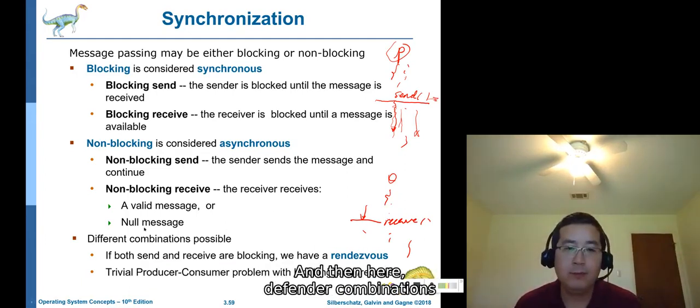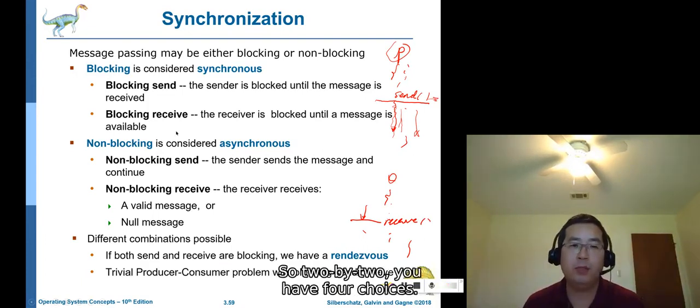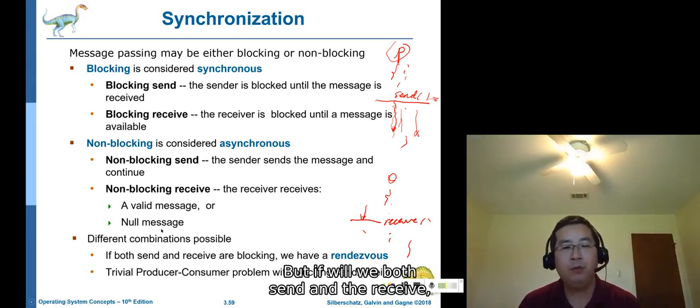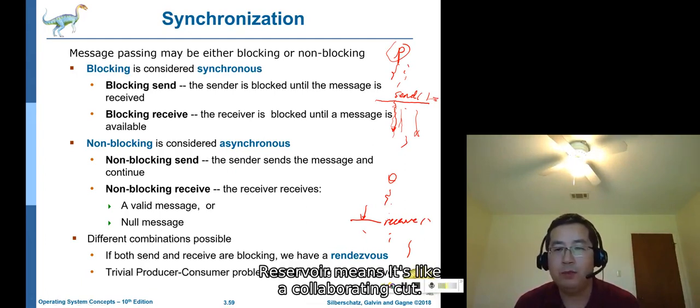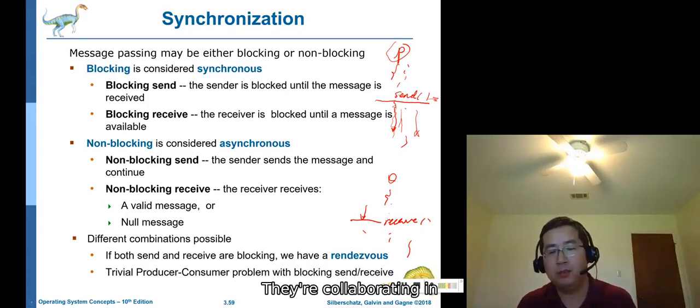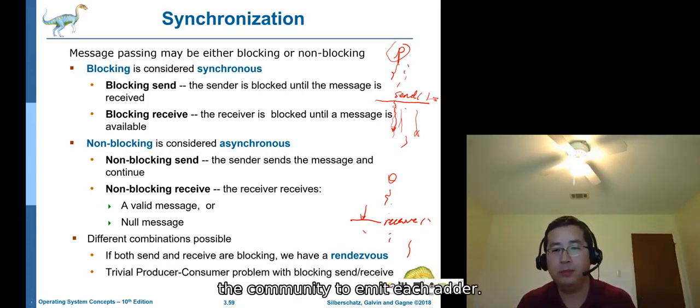Here different combinations are possible. We have two choices for send and two choices for receive: blocking or non-blocking for send, and blocking or non-blocking for receive. So 2 by 2, you have 4 choices. But if both send and receive use blocking, we call this a rendezvous. Rendezvous means the processes collaborate and meet each other.